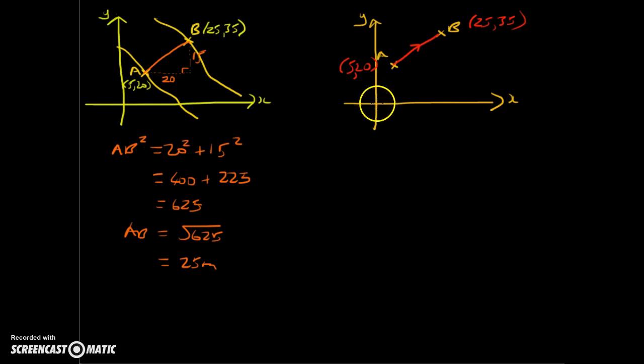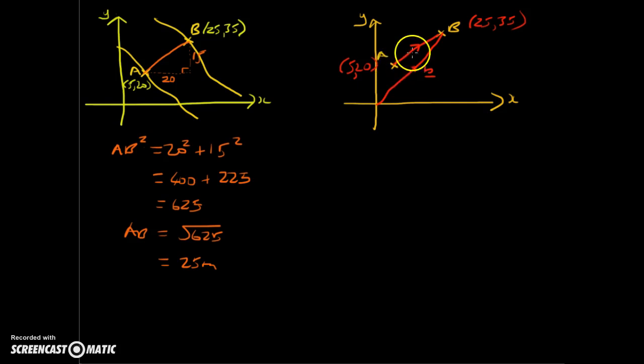So this position vector here, from the origin O to B, is called position vector b. So a position vector is simply a vector from the origin to whatever point you're concerned with. So O to B, I'm going to label that little b. O to A, that's going to be little a.